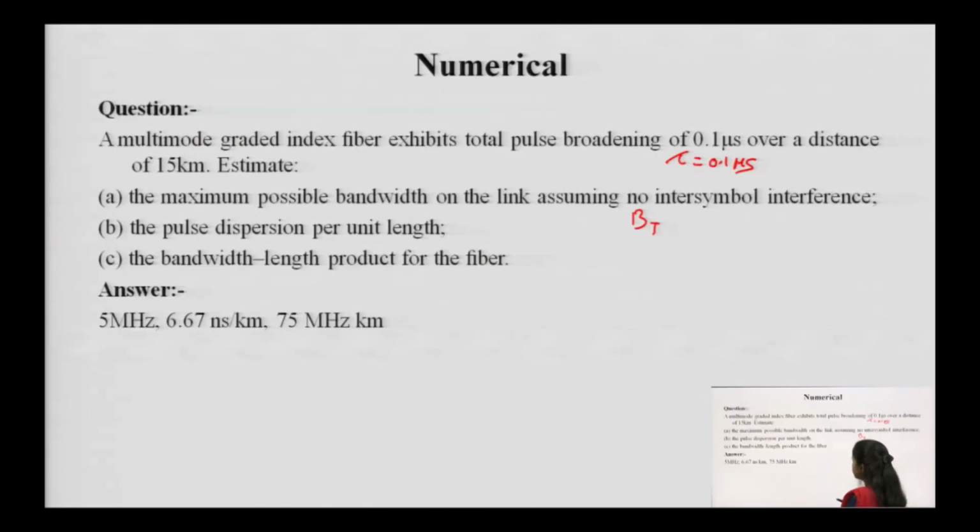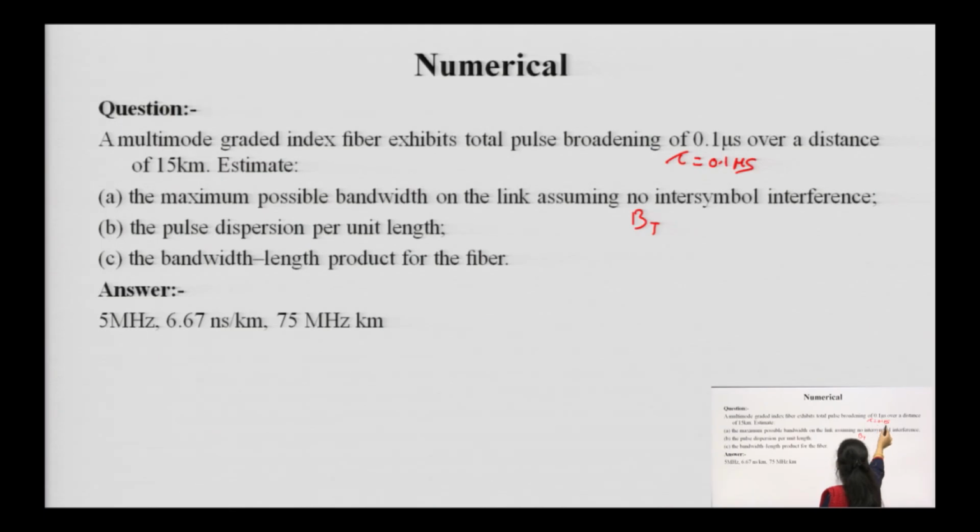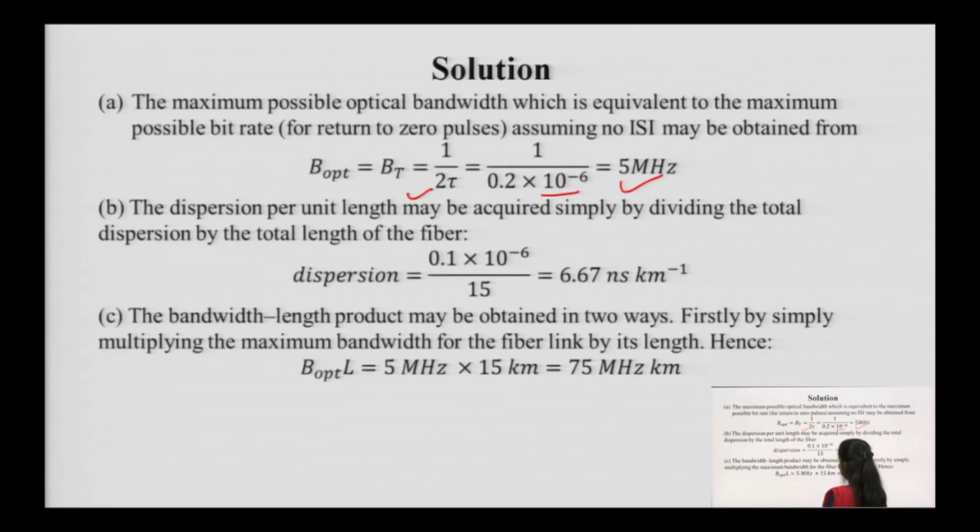In the second question, we calculate the pulse duration per unit length. This pulse duration is for 15 kilometer, and if we want to calculate it per kilometer, then the pulse duration of 0.1 microsecond is divided by the total length, and we get this.